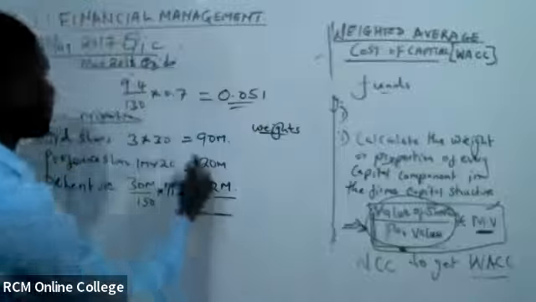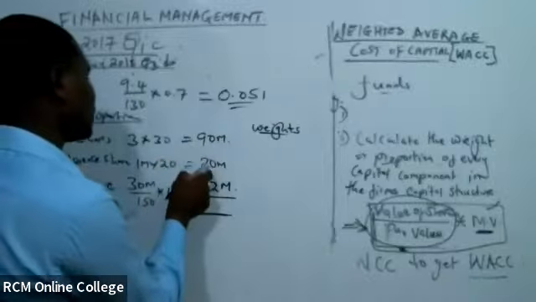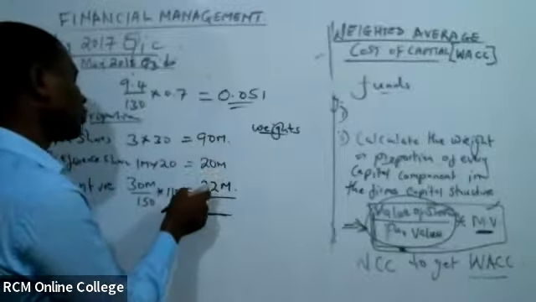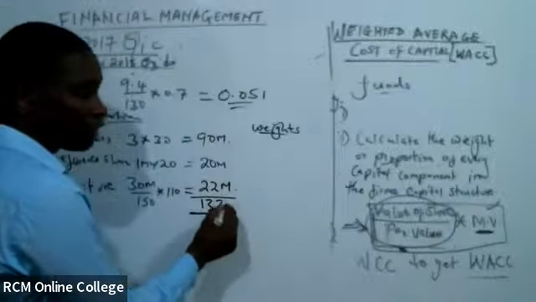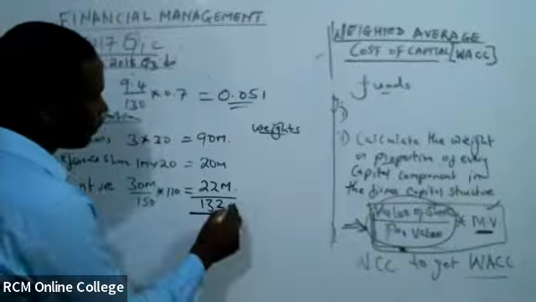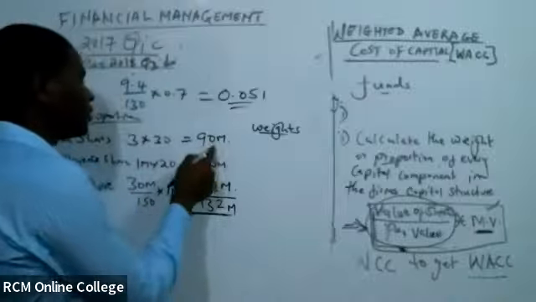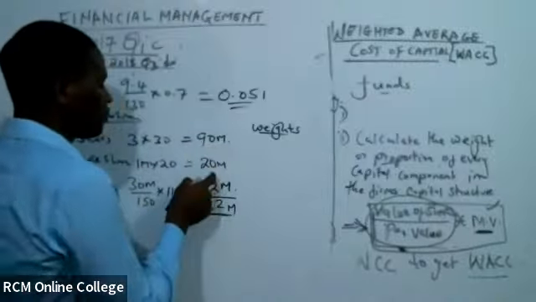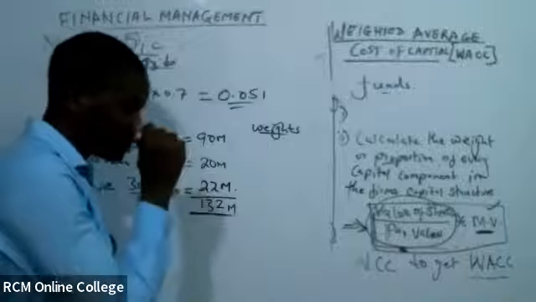So the total class, so that we get the weights. Give me the total hapa. Hii ni 110. Hii ni 22. 132 million. So tupate proportion. This divide by this, to 2 decimal places.